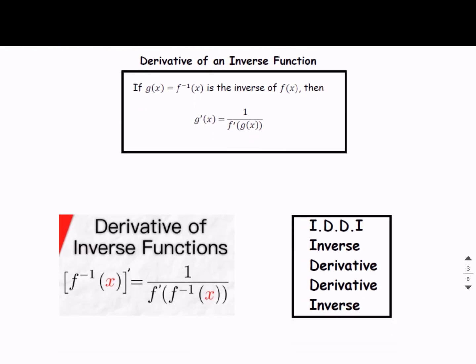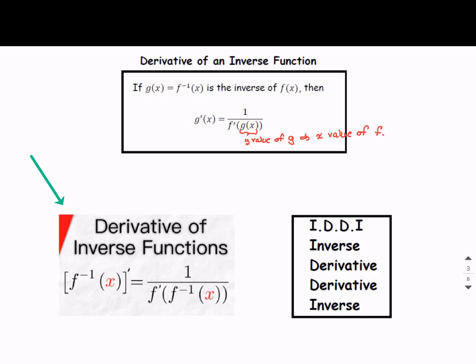So the derivative of an inverse function here, if g of x is the inverse of f, then we find the derivative by doing 1/f prime of g of x. Now remember, g of x is a y value of g, but it's also an x value of f.